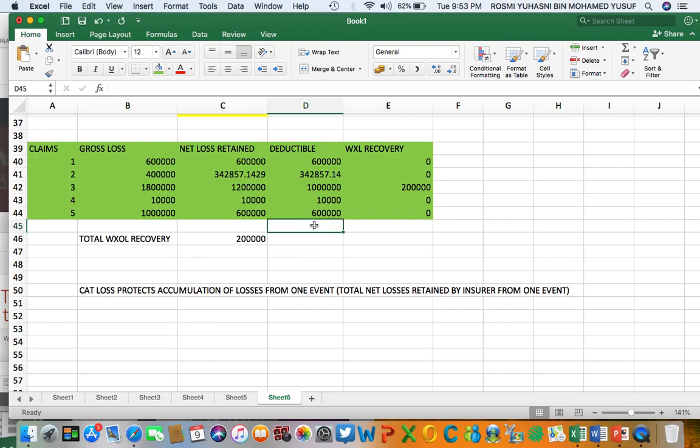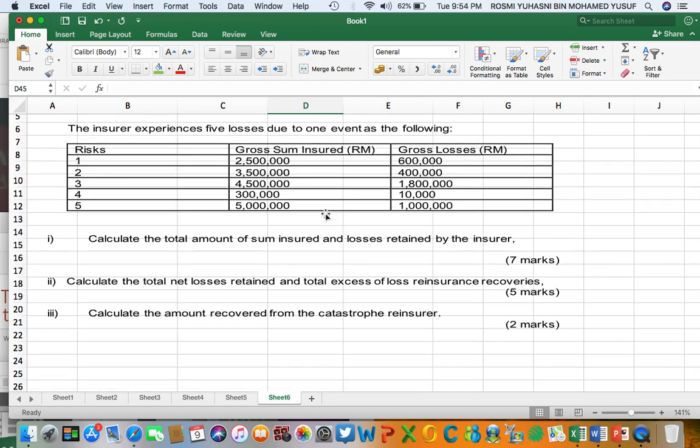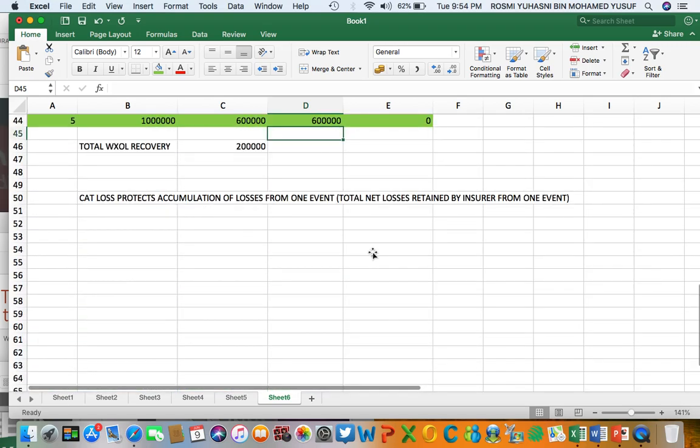This is actually the total amount of losses retained by the insurer from one event. So claims 1, 2, 3, 4, 5 are all arising from one event. What is the event? Let's say it is not mentioned here. Let's say it is from flood.